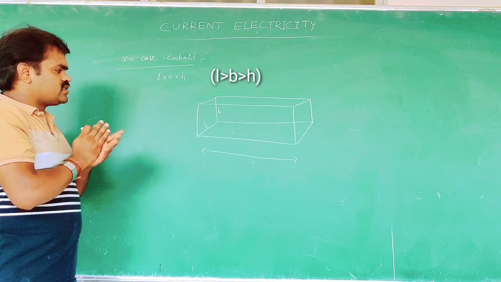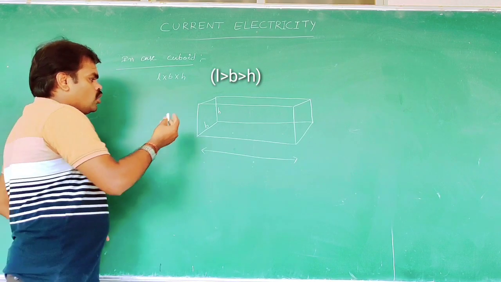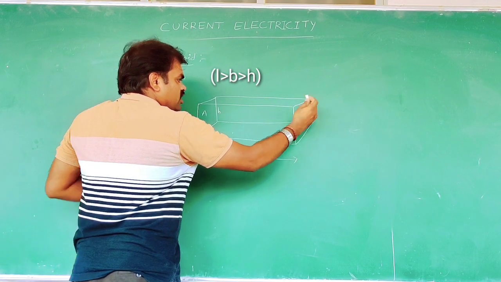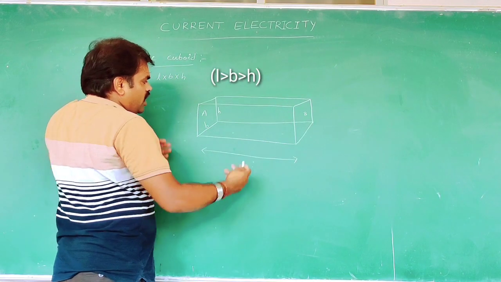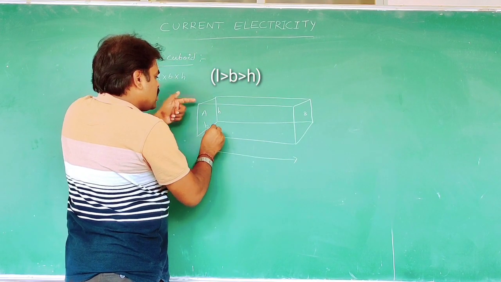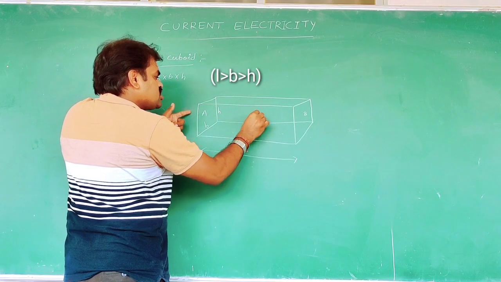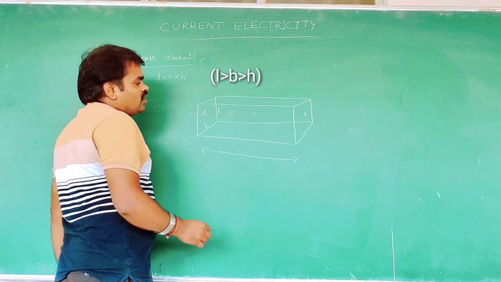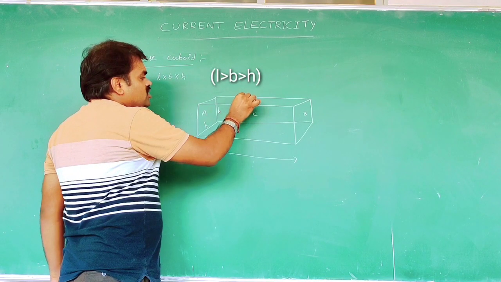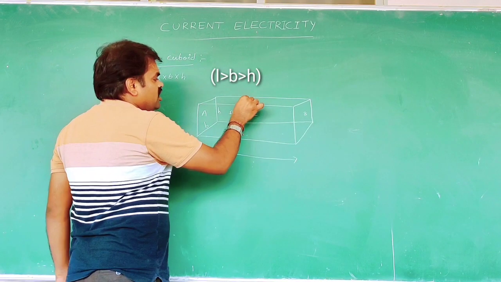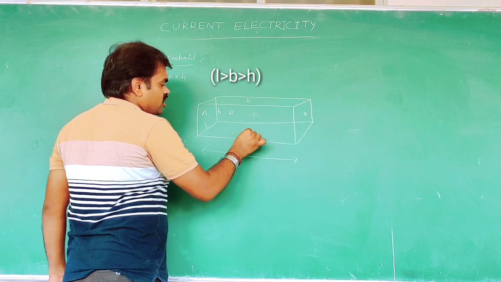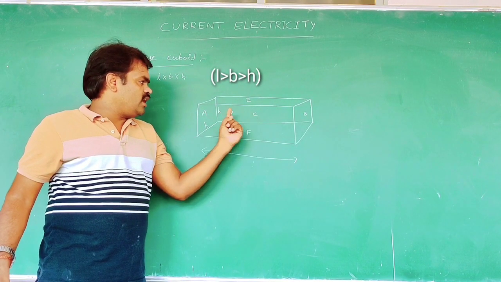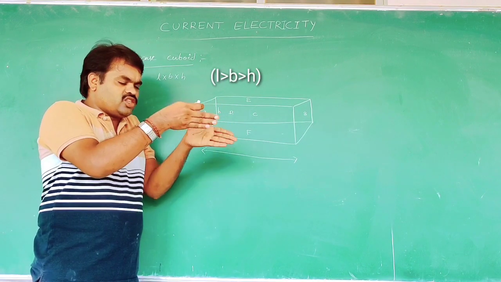Now it consists of 6 faces. This is the face A, this is the face B in these ends, and this is C, and another end, that is D here. This end is E and this end is F. 1, 2, 3, 4 in this side and this side.